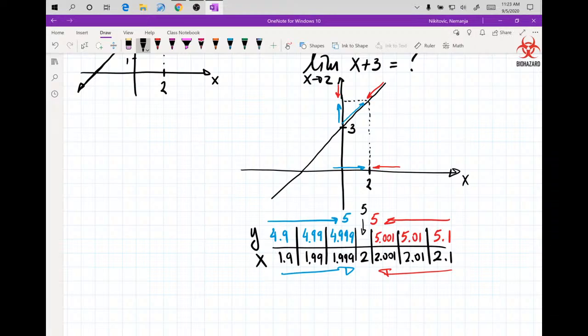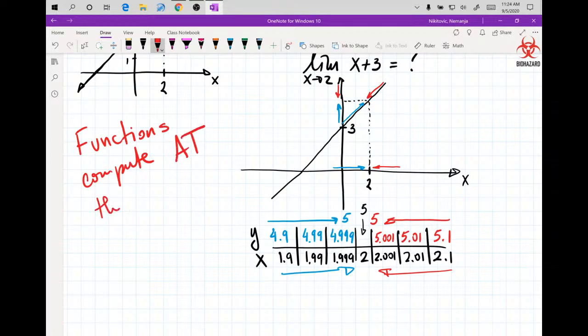You see, functions compute at the point. So function plugs in 2 and says 2 plus 3 is 5, and you get 2 plus 3 is 5.